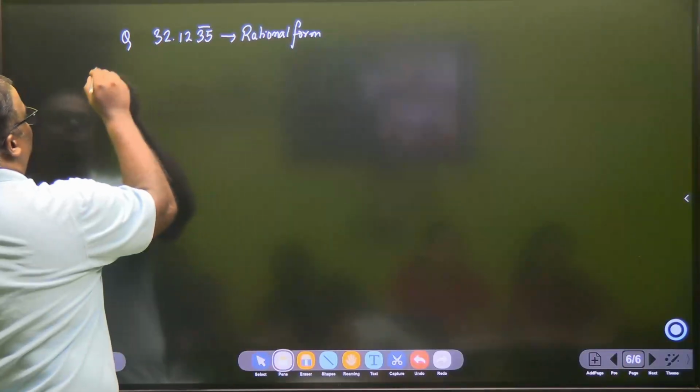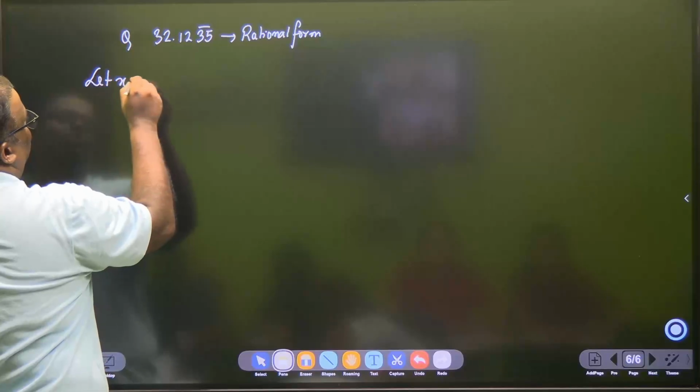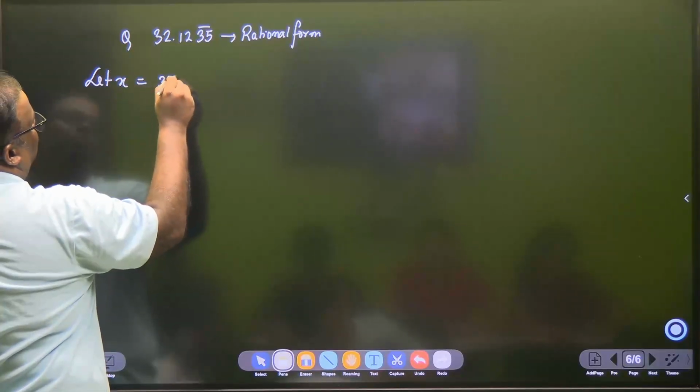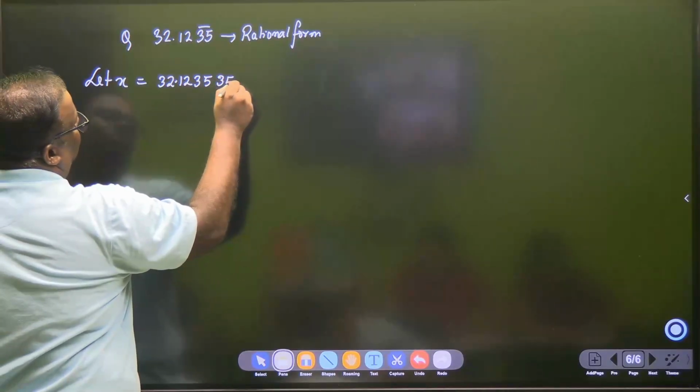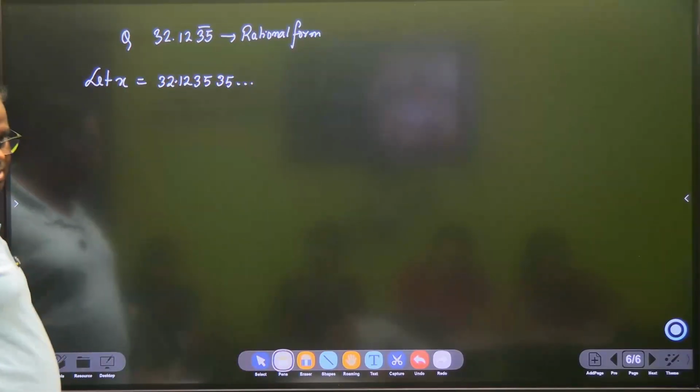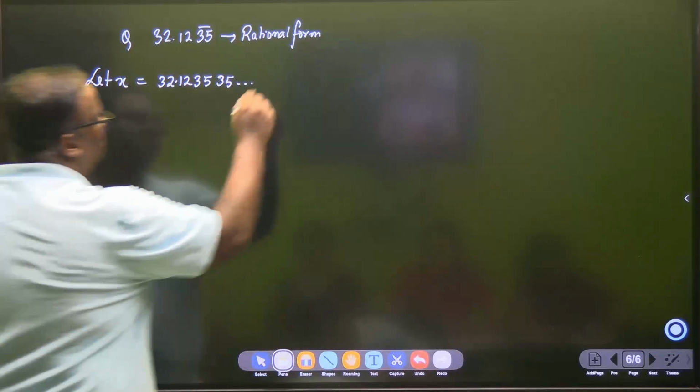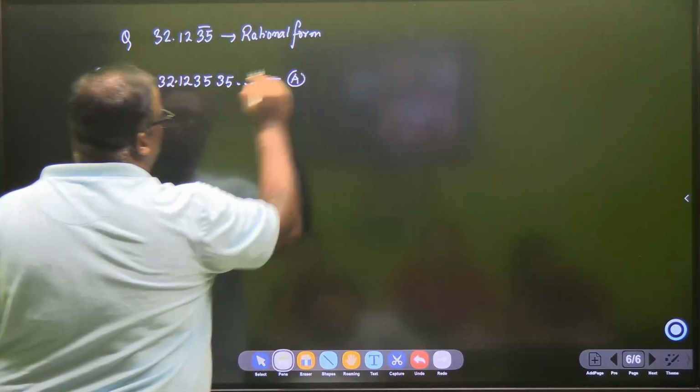Okay, so our step will be: let x equal to 32.1235 with the bar on 35. Agreed? What is the periodicity, children? So the multiplication factor should be 100.